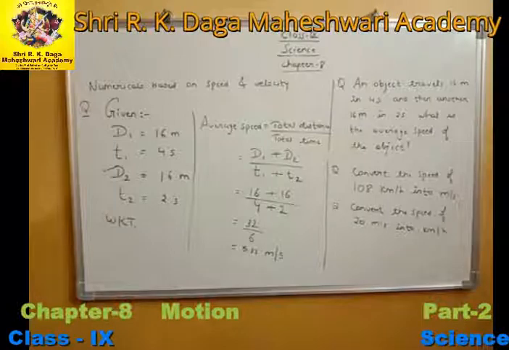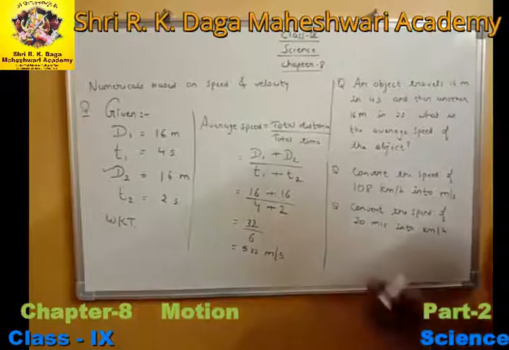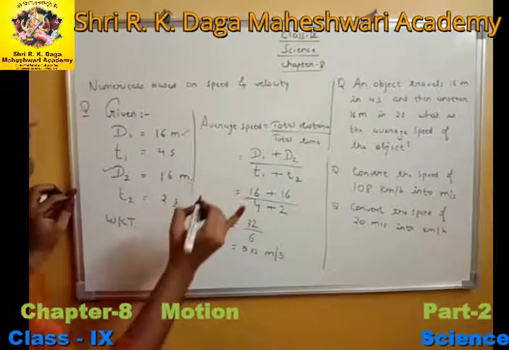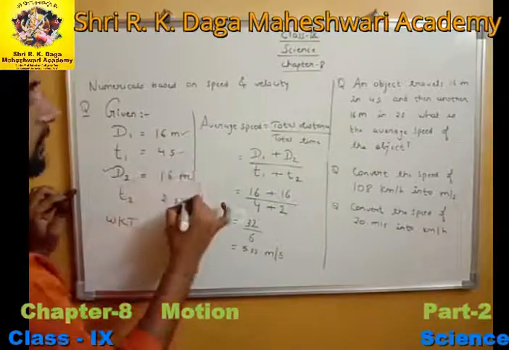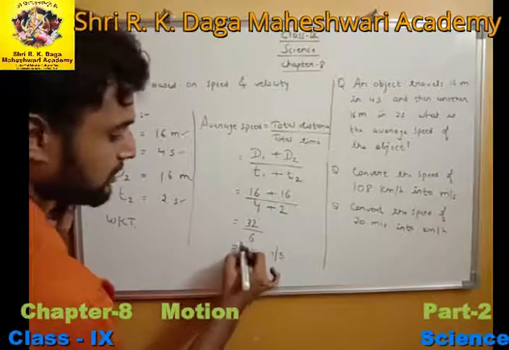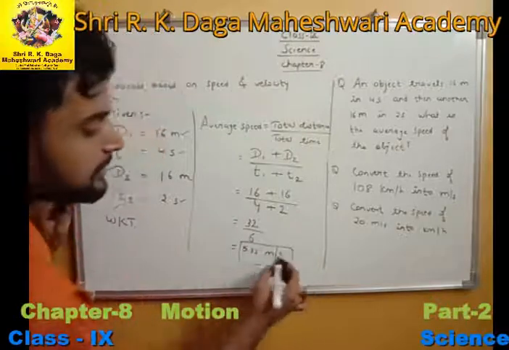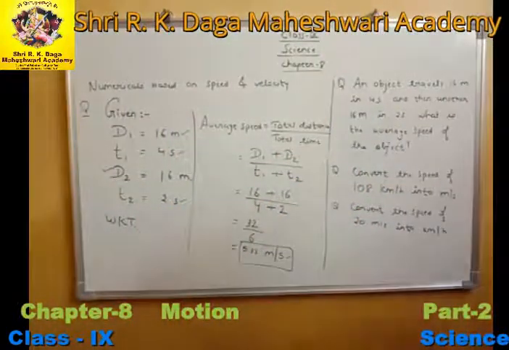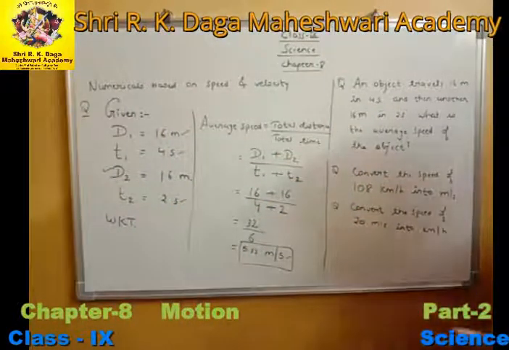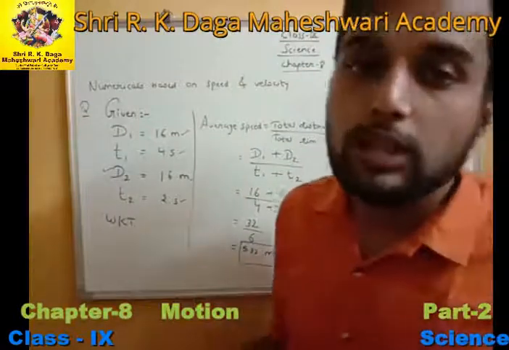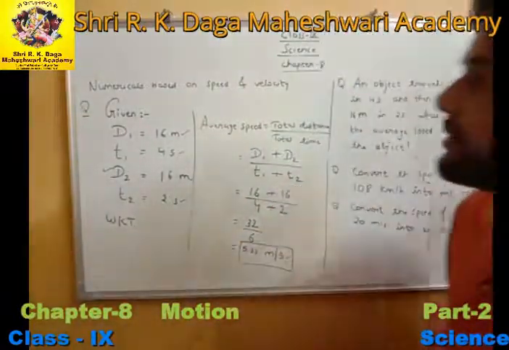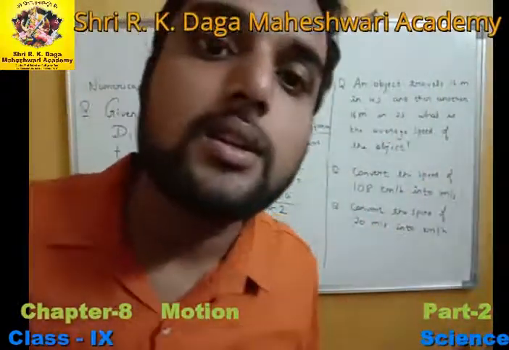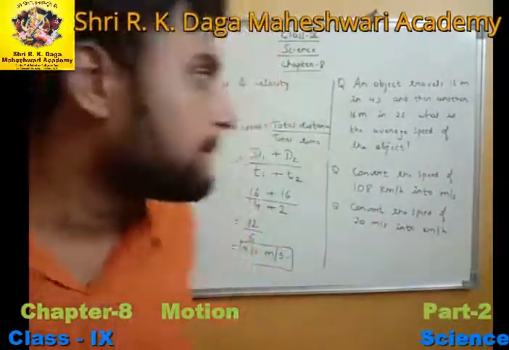Now, since the distance is given to you in meter and the time is given to you in seconds, the unit of your answer will be meter per second. Okay. Now sometimes it may also happen that the distance is given to you in kilometer and the time is given to you in hour, and the question will ask you to convert this kilometer per hour into meter per second.